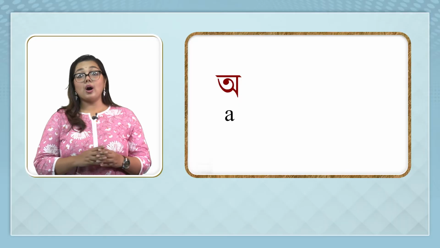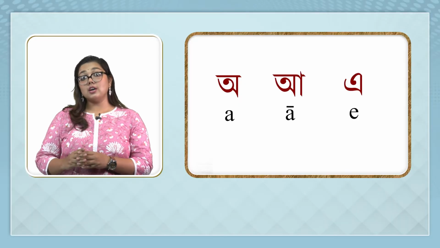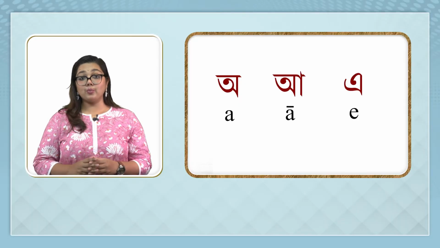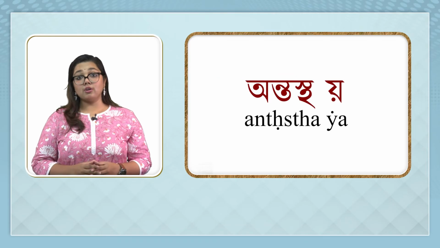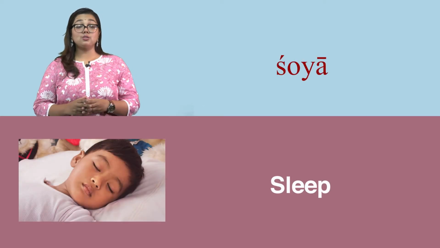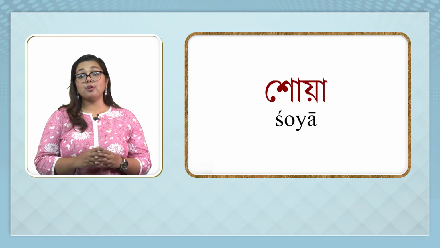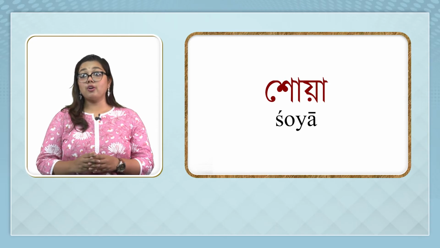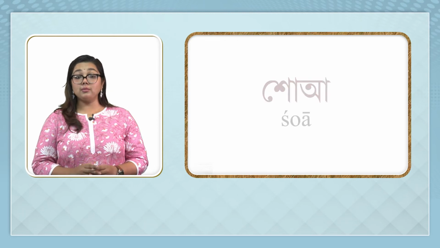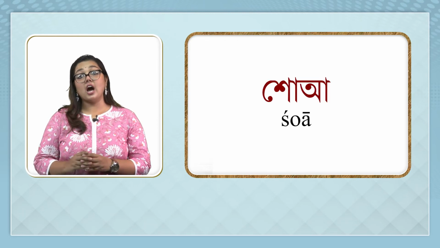It has multiple uses because the vowels A, A cannot occur in the middle of a word. Antasthva is used in vowel diacritics to represent those sounds. For example, shoa, which means to sleep, is spelled as Taliboshoi okar and Ontostho akar, not Taliboshoi okar and a.